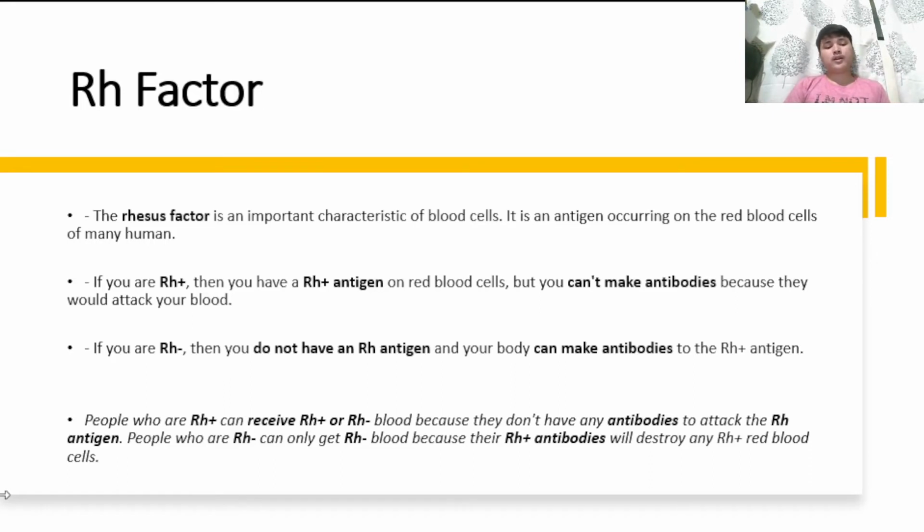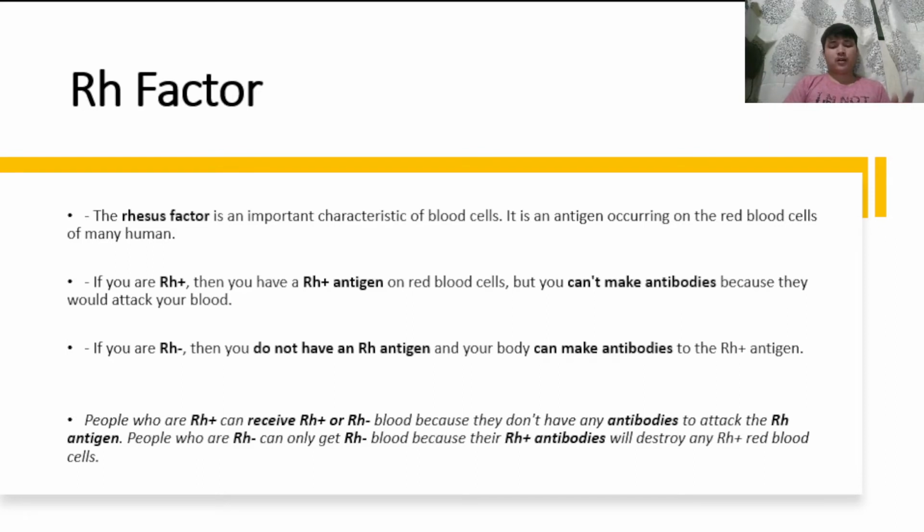People who are Rh positive can receive Rh positive or Rh negative blood because they don't have any antibodies to attack the Rh antigen. People who are Rh negative can only get Rh negative blood because their Rh antibodies will destroy any Rh positive red blood cells.